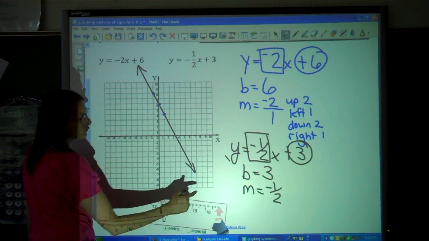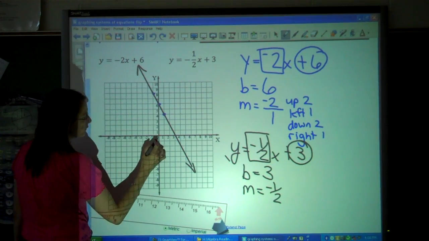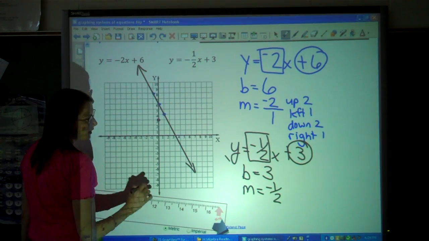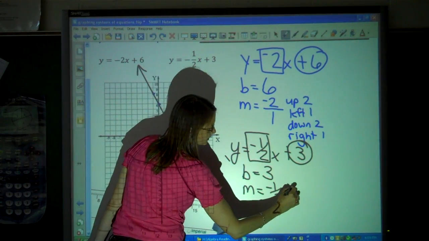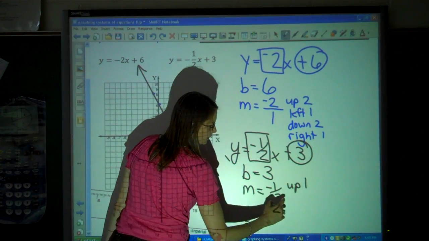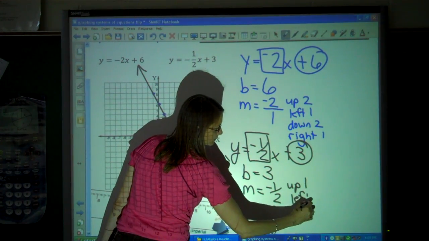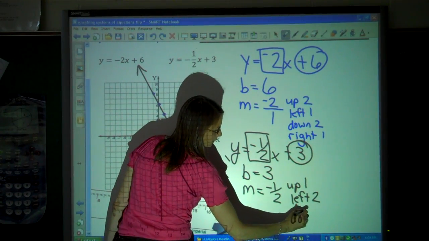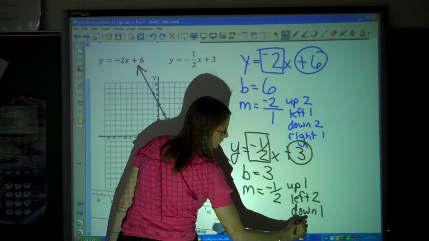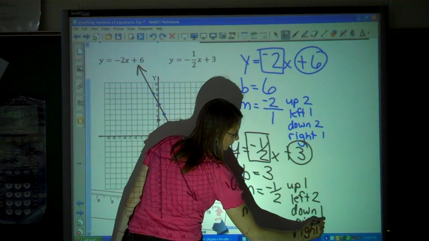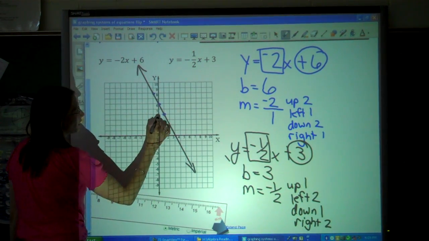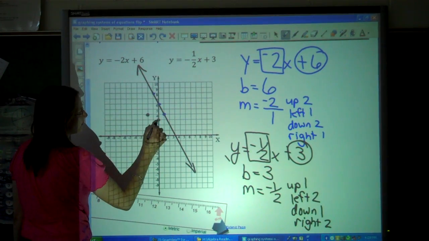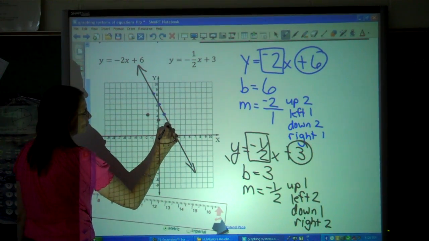So I'm going to come up to my graph at positive 3 on the y-axis and put a point there. And my slope, negative 1/2, means up 1, left 2, or it can mean down 1 and right 2. So I'm going to go up 1 and left 2, and I'm going to go down 1 and right 2.